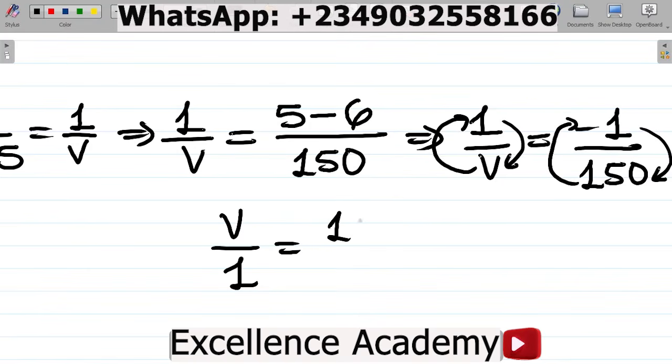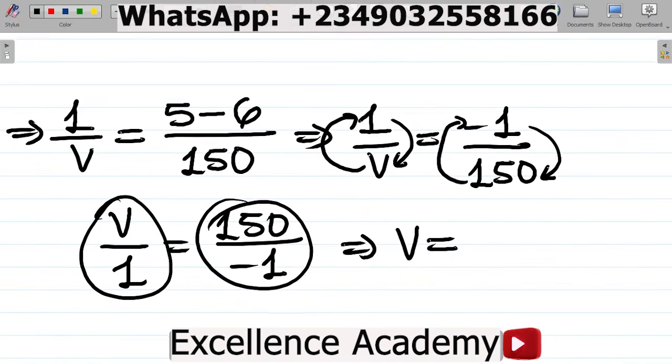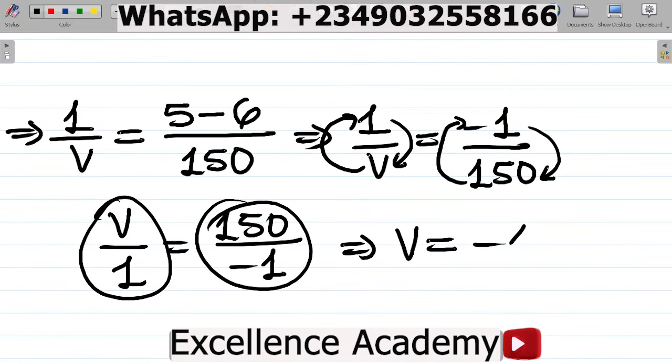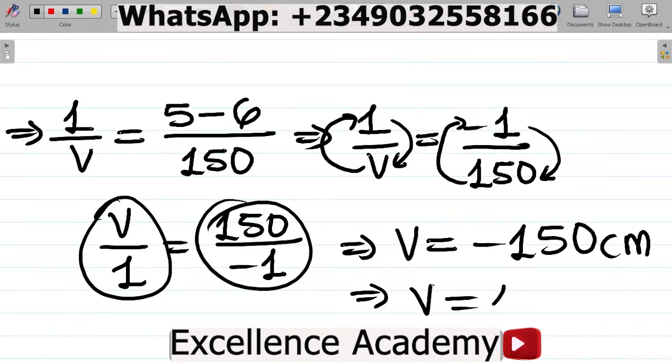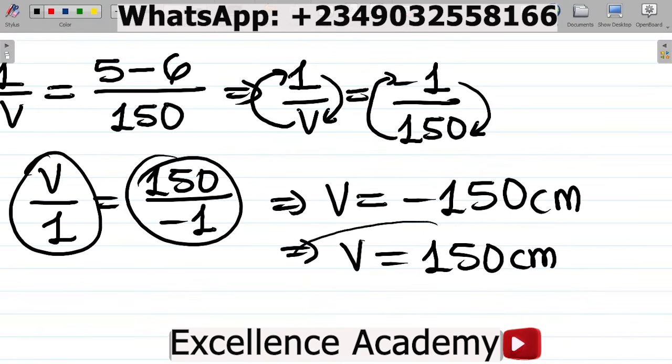It becomes 150 all over minus 1. V over 1 gives you V. It's equal to 150 divided by minus 1, which gives you minus 150. So basically you have that V is equal to minus 150 in centimeters. The actual value of V would be equal to 150 cm.